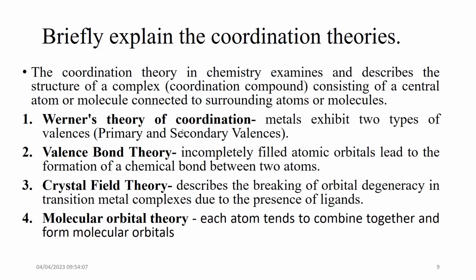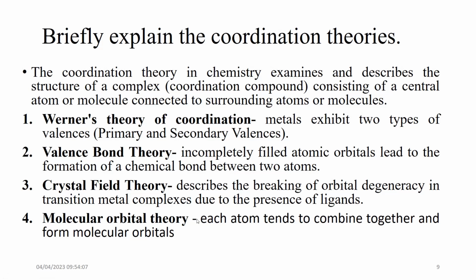So they have to interact in order to share those electrons and complete those orbitals. The main concept of valence bond theory is the overlapping of those atomic orbitals which are incomplete. That is the concept of valence bond theory, and it is applied to coordination compounds.